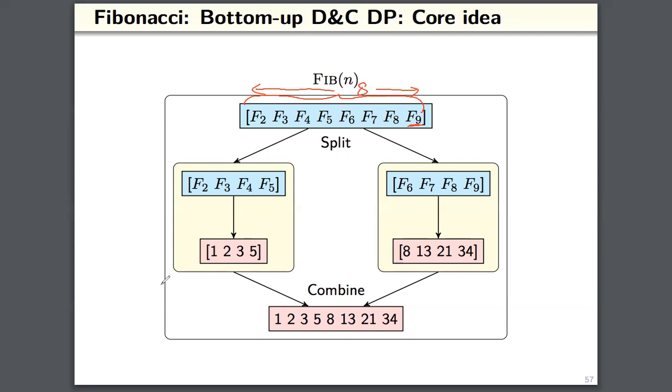What you do is you split this computation or problem into two subproblems: the first half and the second half. Recursively compute each of these terms and then combine. You get the final result.